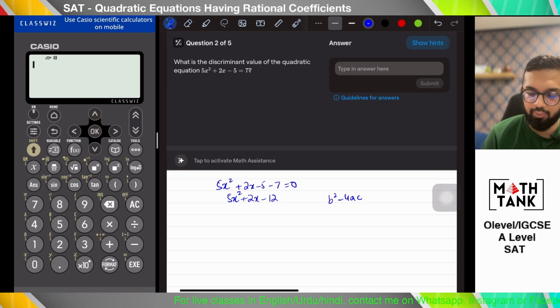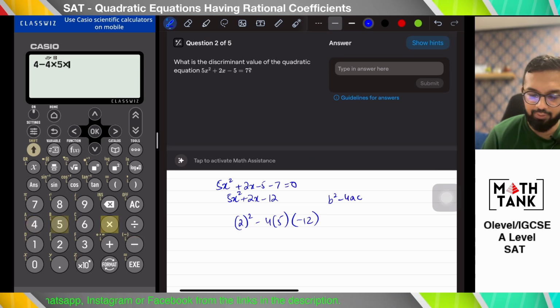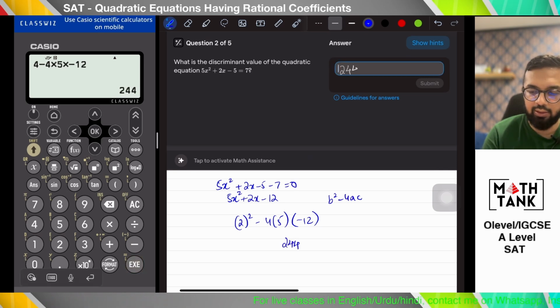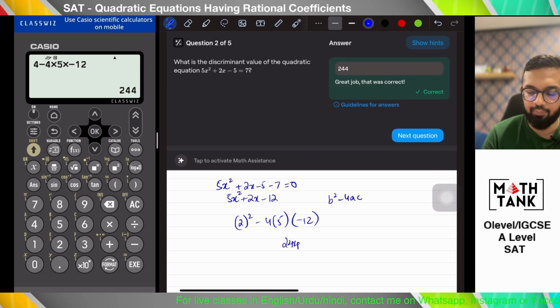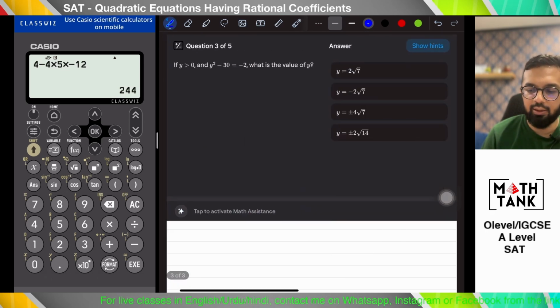So that's 4 minus 4 times 5 times minus 12. What should that give me? It gives me 244. So that should be the correct answer. Let's verify. Yes, that is indeed the correct answer.